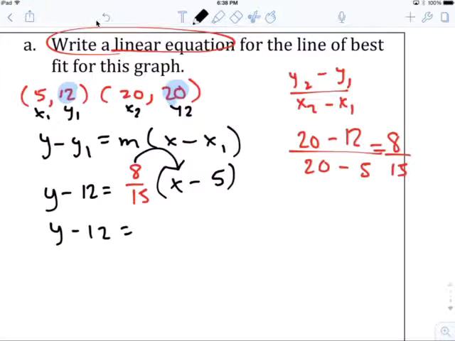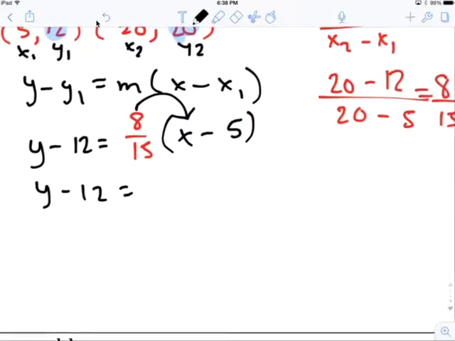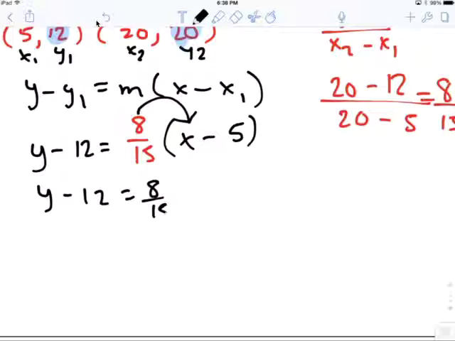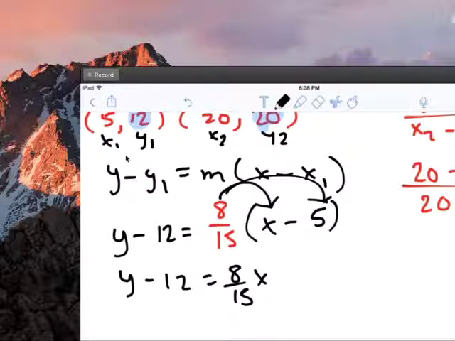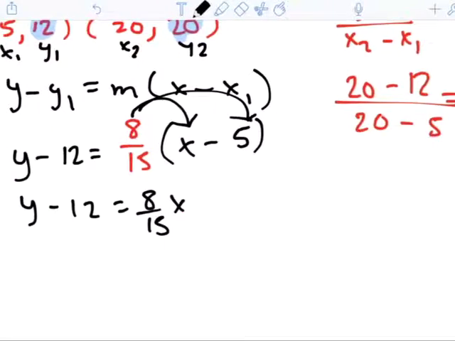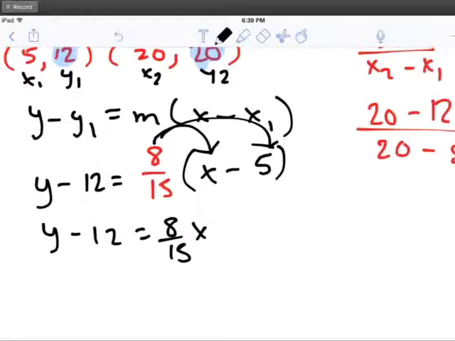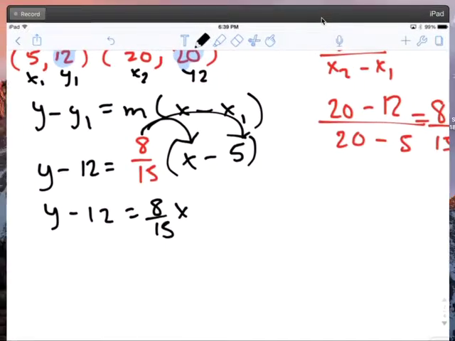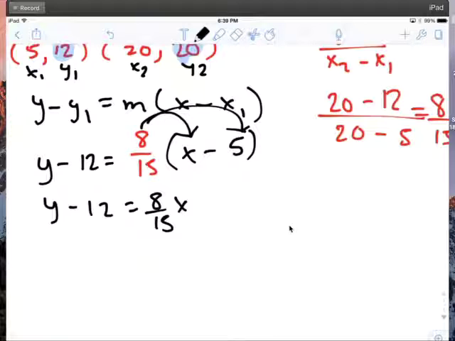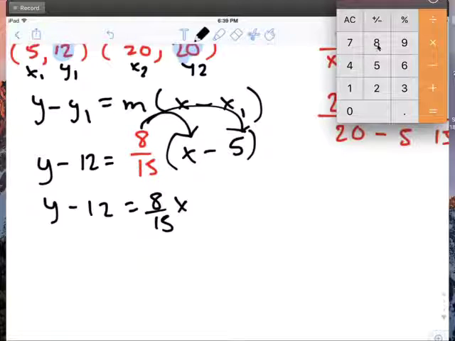Yours may be different than mine because you may pick two different points. 8 over 15x times that. Calculator. Oops. Oh, geez. Okay. 8 divided by 15 times 5 is 2.6 repeating.